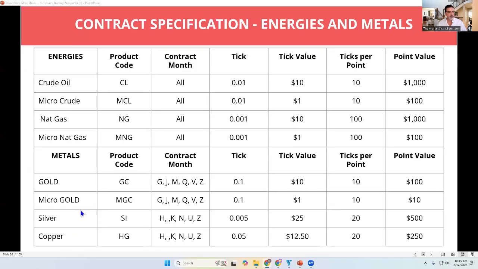There are more products in here as you break them down, but the commodities expire every month. It's important to know the tick value, how many ticks per point, and what that pays out. You can use this as a reference, but I encourage you to go out to the CME Group to get a little bit more on that.